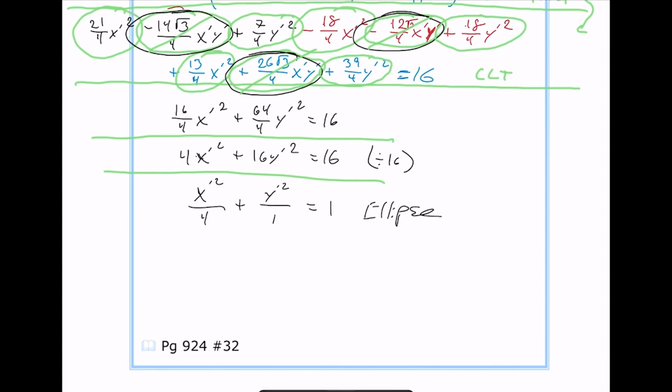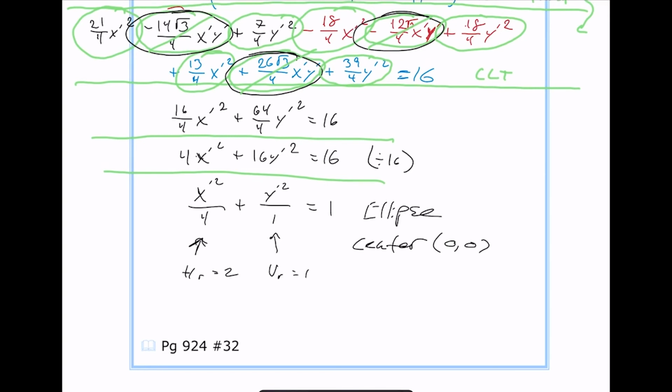The center is at 0, 0 because we do not have an h or a k value. Our horizontal radius, as I like to call it, is the square root of 4. So our horizontal radius is equal to 2. Underneath the y term, our vertical radius is equal to 1.